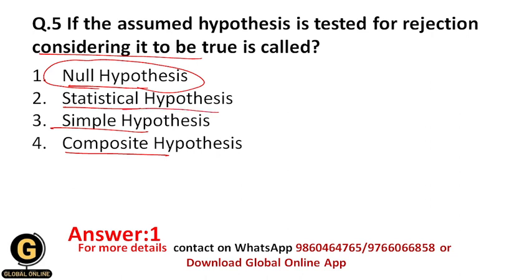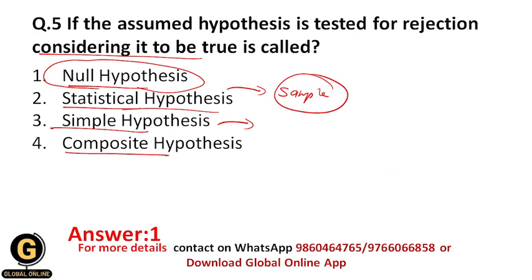Statistical hypothesis is the type of hypothesis which is tested based upon the sample, okay? It is tested based upon the sample, okay? Simple hypothesis simply suggests the relationship which is already there between the variables, and that's why simple hypothesis only describes the distribution of the data under the population under study.